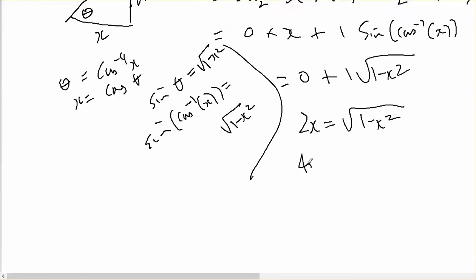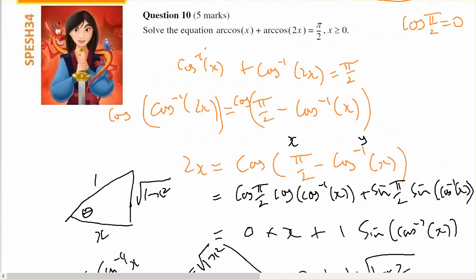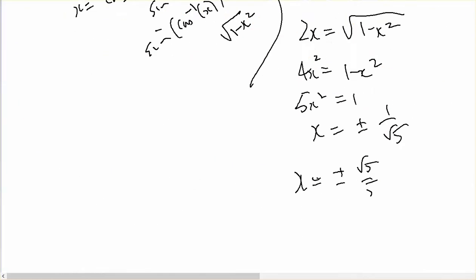Squaring both sides, 4x squared equals 1 minus x squared. 5x squared equals 1. x will equal plus or minus 1 on root 5, which means x equals plus or minus root 5 on 5. And since x is positive, because up at the start it said that x is bigger than or equal to 0, therefore x equals root 5 on 5.